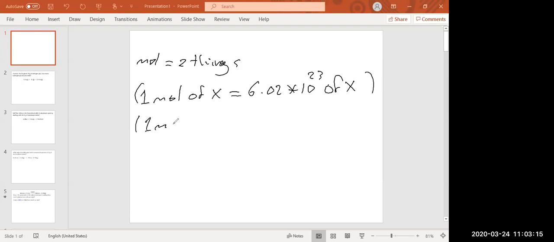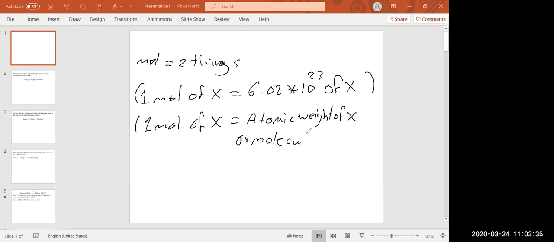So 1 mole of X will give us either the atomic weight of X, if it's an atom, or the molecular weight of X, if X is a molecule.